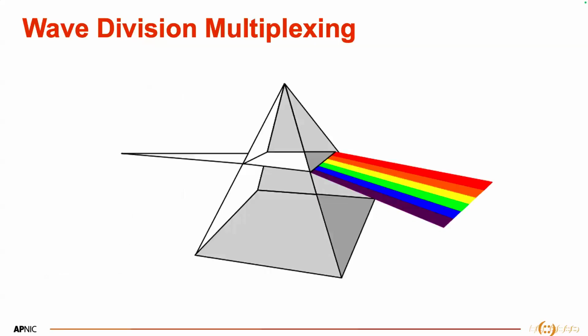So what is WDM, wave division multiplexing? Wave division multiplexing is combining different wavelengths from the source into one single signal.